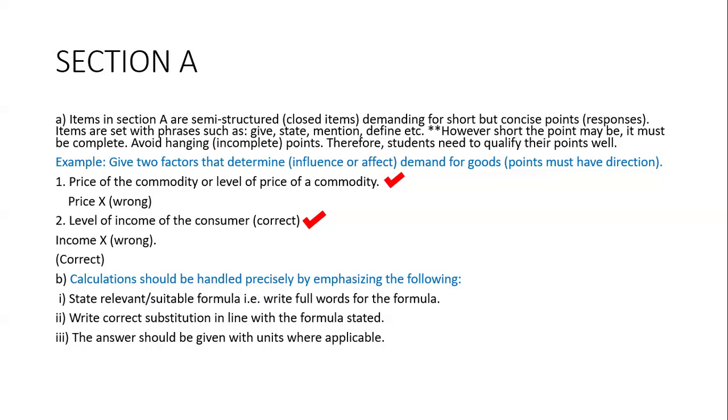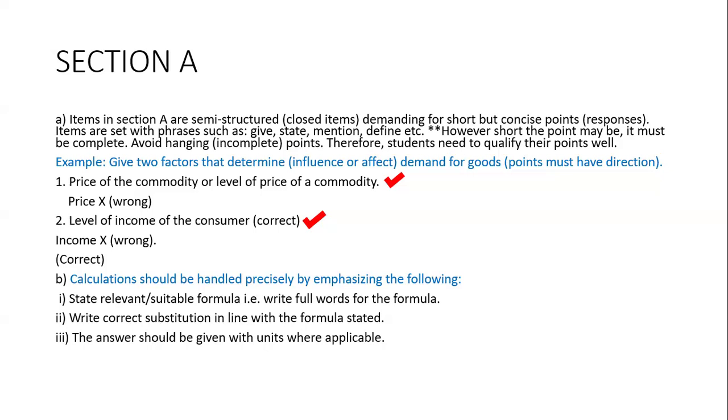But even when it is short and concise, like we know, let it make meaning. And therefore, that's why we have given an example. If they ask two factors that determine or influence demand for goods, you must state the point in its nature of making meaning. You do not say price and you stop there.